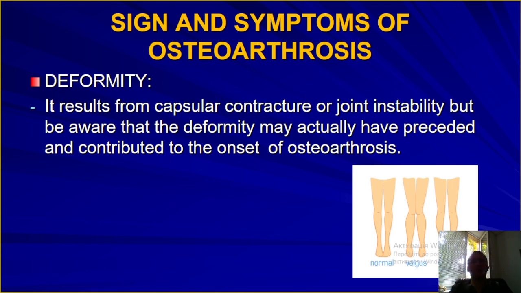So you must determine: is it a primary deformation which was the cause of the osteoarthritis, or is it a deformation which is the consequence of osteoarthritis? So be attentive and take the anamnesis correctly. Deformation is not only the result of osteoarthritis, it can be the reason for the development of osteoarthritis.